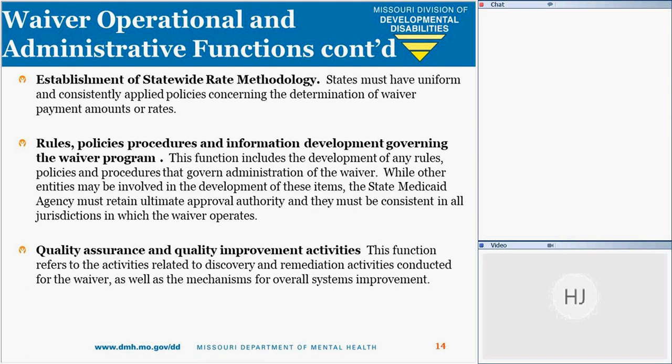This is the development of all of our rules and our policies and procedures, and the single state Medicaid agency has ultimate authority over all of our rules, policies, and procedures to implement the waiver. We're also to have quality assurance and quality improvement activities. This function refers to the activities related to the discovery and remediation activities conducted for the waiver. We also look at any mechanisms for overall system improvements.